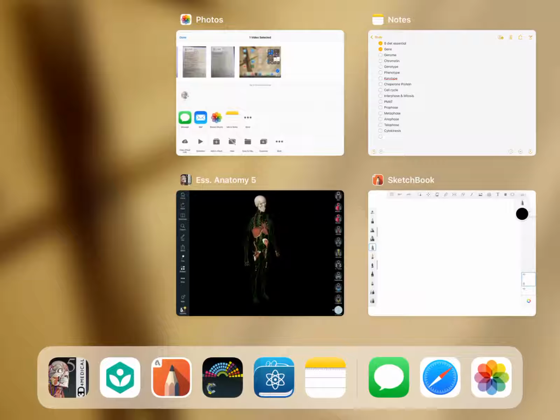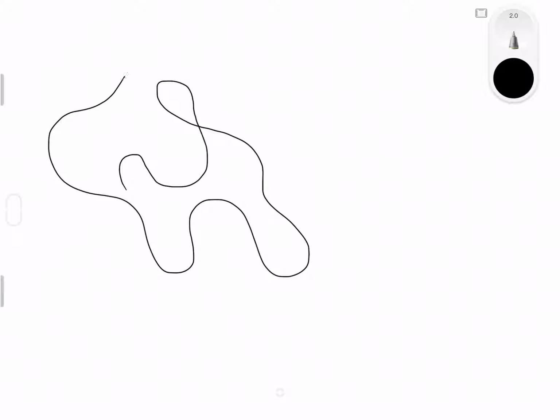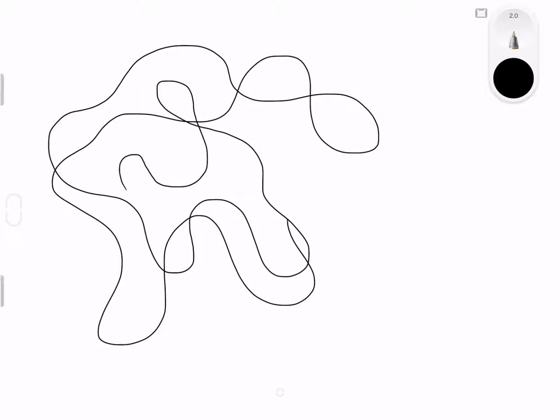So let's start with chromatin. What does chromatin look like? Chromatin is untangled DNA. It's not in a helix. It's just untangled like this.